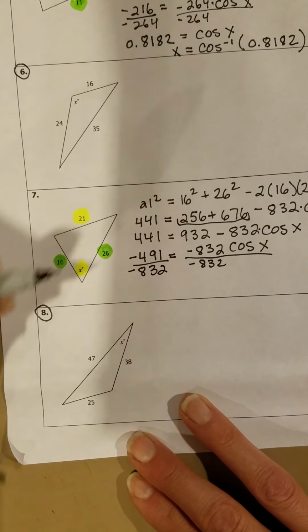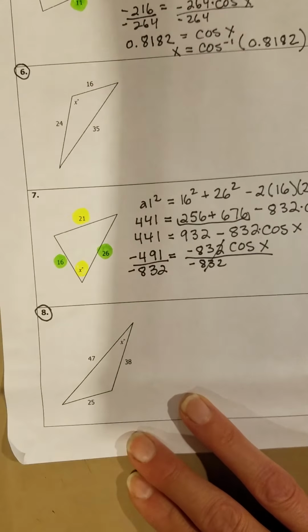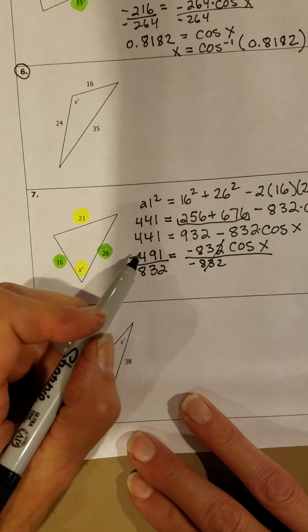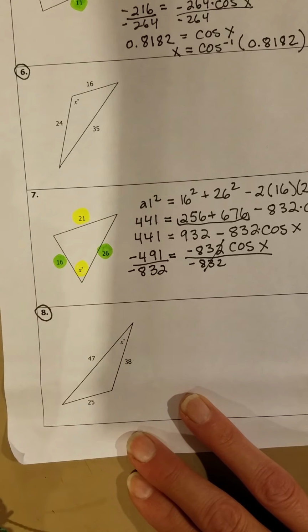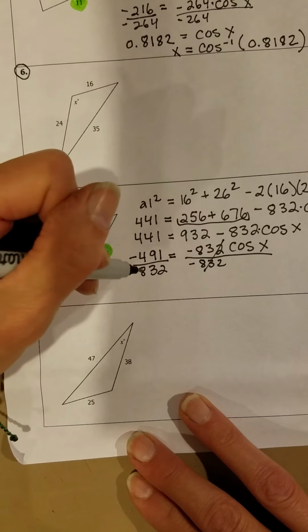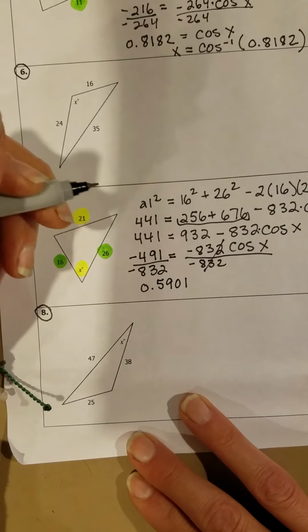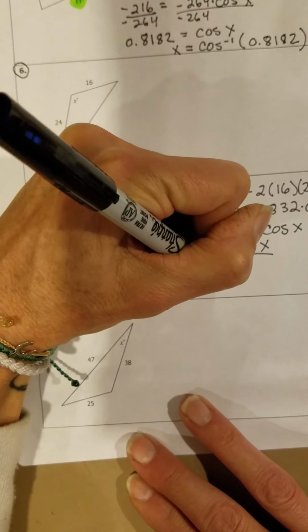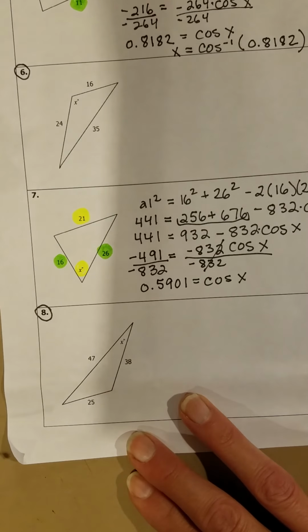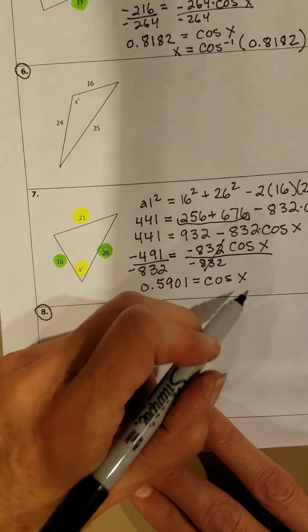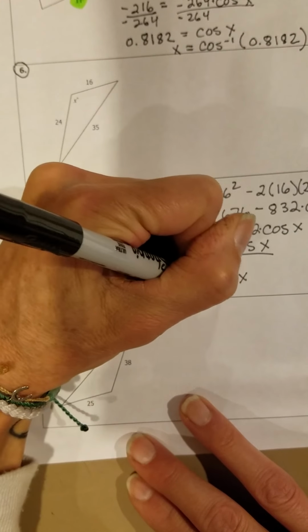Now remember, I'm just using algebra here. So I'm going to divide these two numbers. It looks like it's going to be about a half. Let's see. 0.5901 is equal to cosine x. So to find x, we need to use the blue button again.